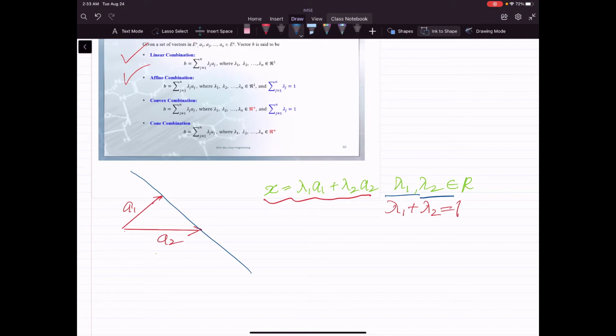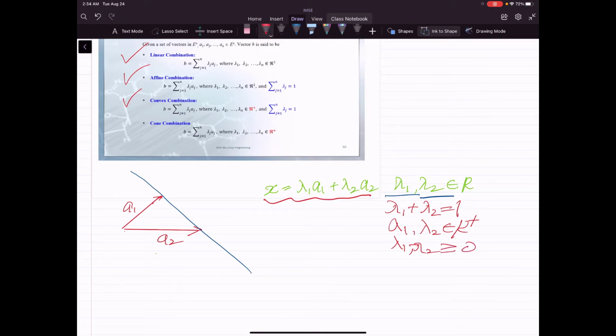For the third one, if we add one more restriction, which is that both lambda 1 and lambda 2 belong to R plus, non-negative, or we can say lambda 1 and lambda 2 are greater than or equal to 0 since they are scalars.